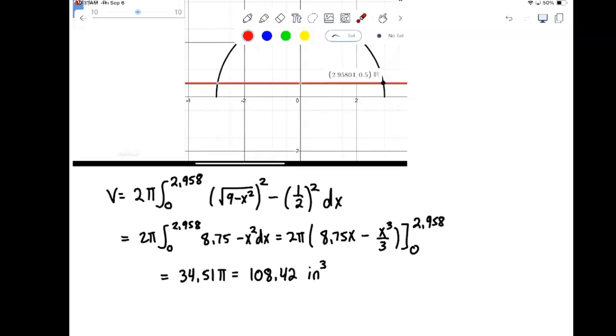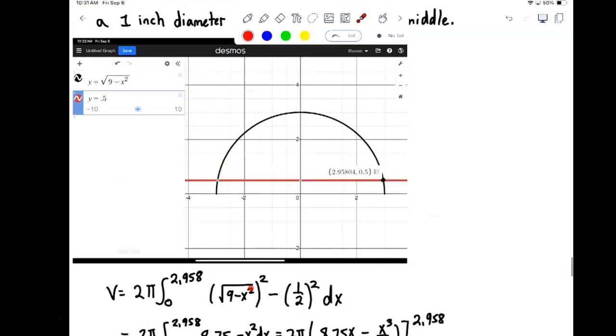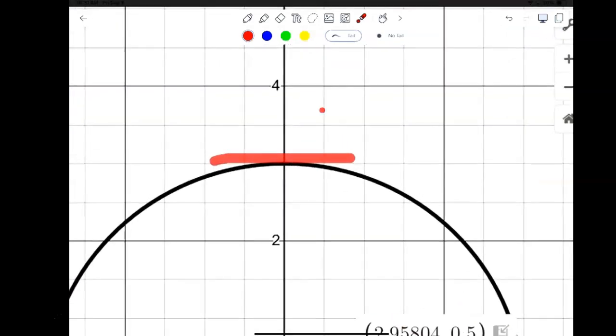That extra little 4/100ths of a cubic inch that was getting cut out has disappeared, because that would have been the air. Only the first part of that, if you zoomed in real far, would have the whole 1/2 inch. You'd have this air part that's considered in the volume of the cylinder that actually isn't getting cut out.